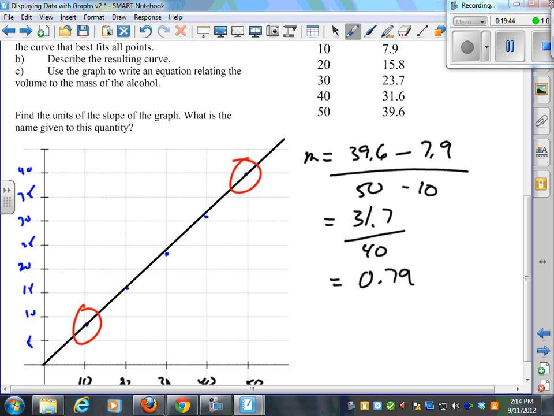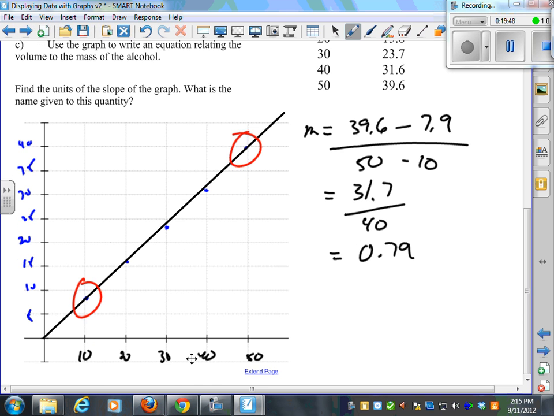Should be 0. How do we actually figure it out, just in case it's not? Let's just do this. We're going to write y equals mx plus b. I'm going to write a slope of 0.79. Do I know a y and an x? I sure do. In fact, I'm going to use the first one. The x is 10. The y that goes with 10 is 7.9.